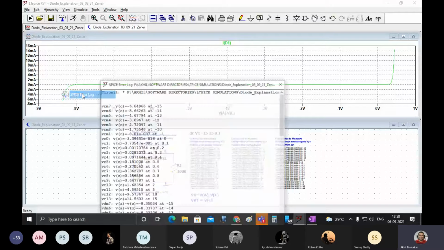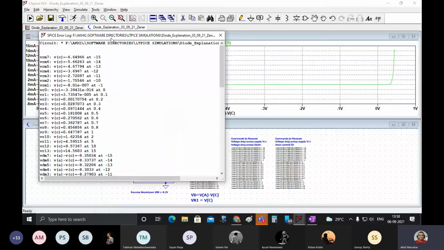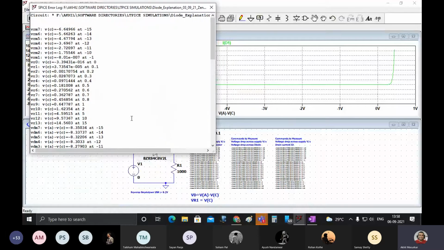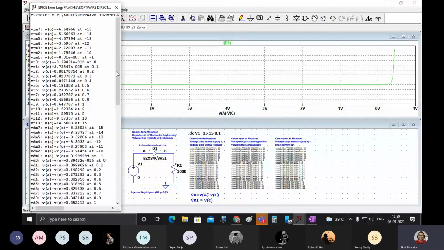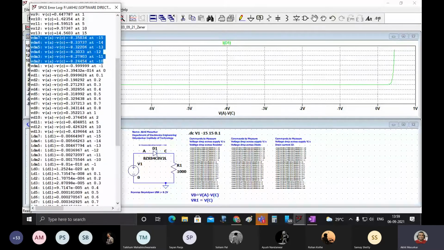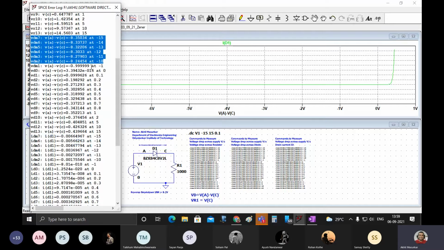I want you to specifically highlight this thing: see here, even if you change the voltage, this remains constant, and here your current is changing but voltage remains constant. It's very important.